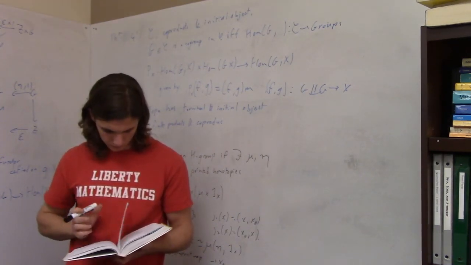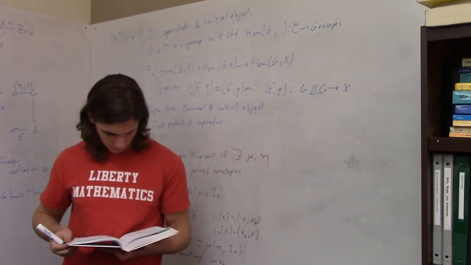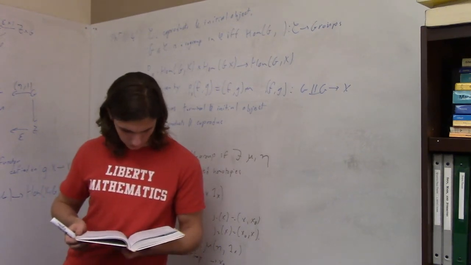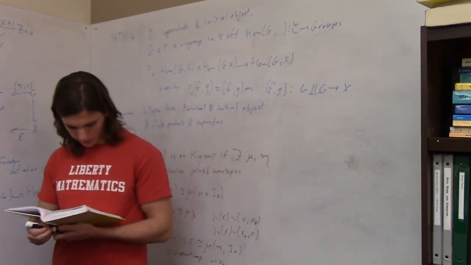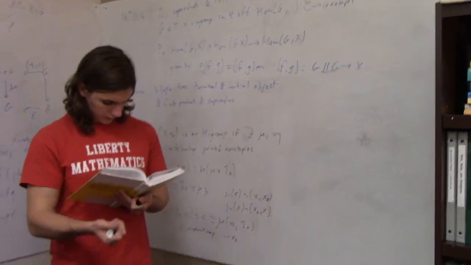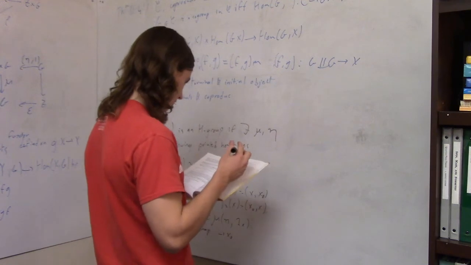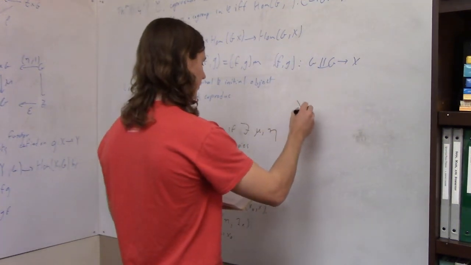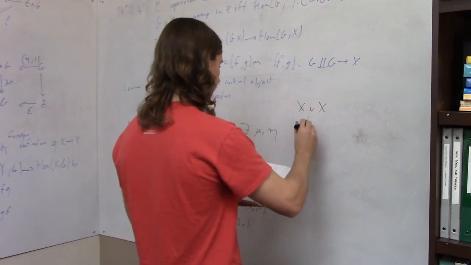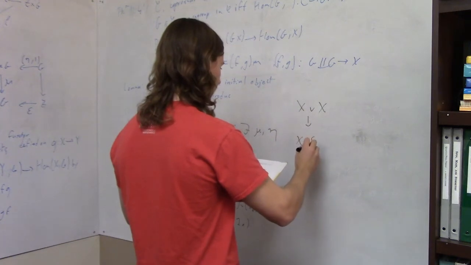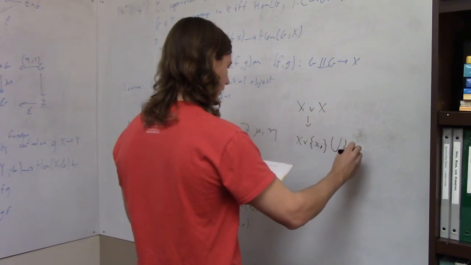How's that read? Like the Z, the upside... I think it's wedge. Join? Yeah, that's what I would call it. Well, he calls it wedge. He said it's viewed as the subspace X cross X union X. That's weird.